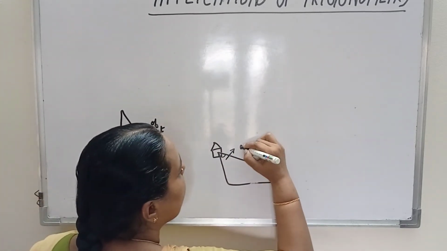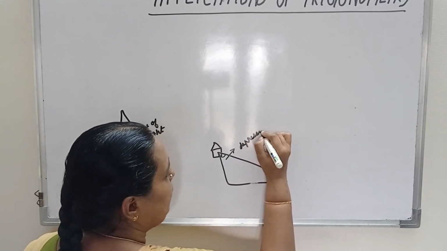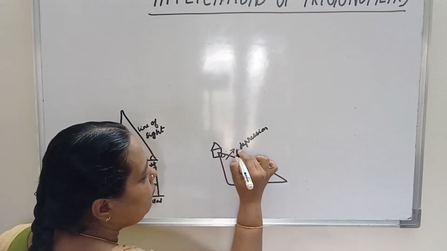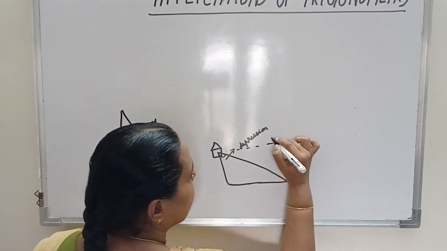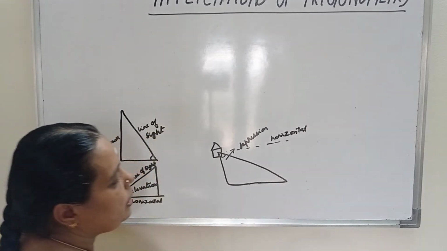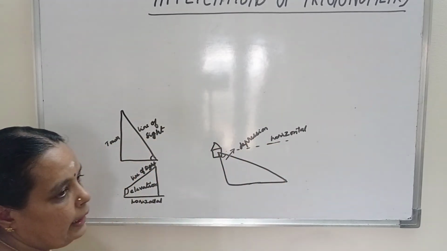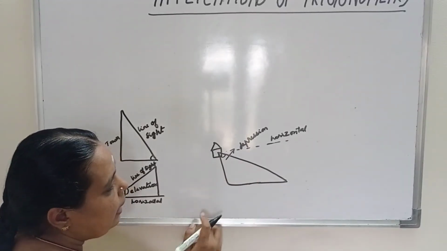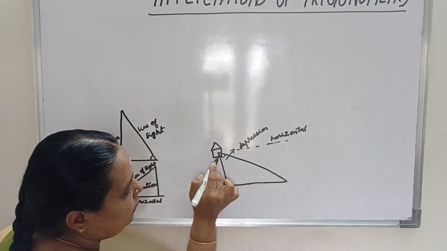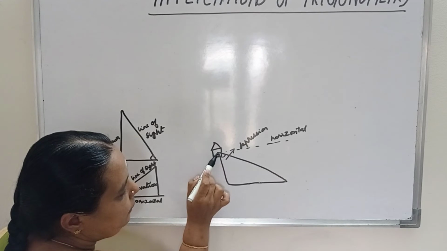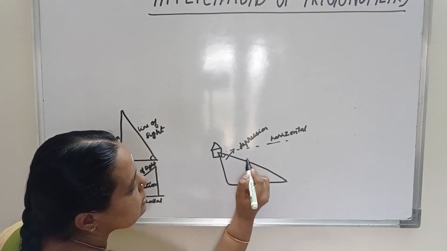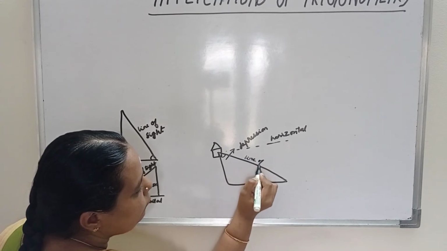Here this line will be the horizontal and the angle of depression will be below the horizontal line. And the line through which he views the object is called line of sight.